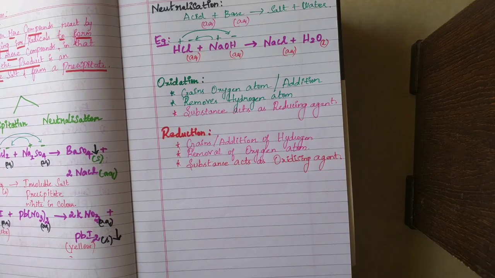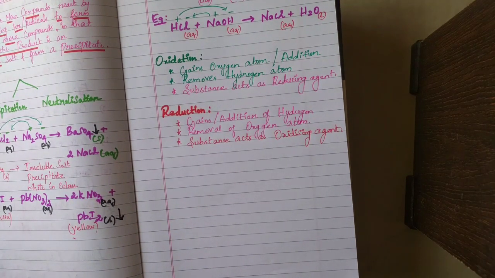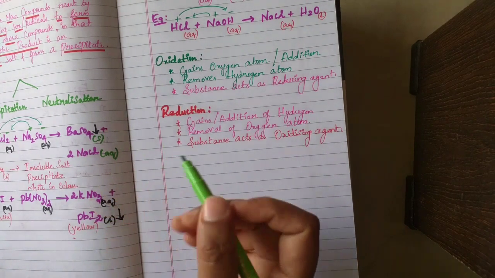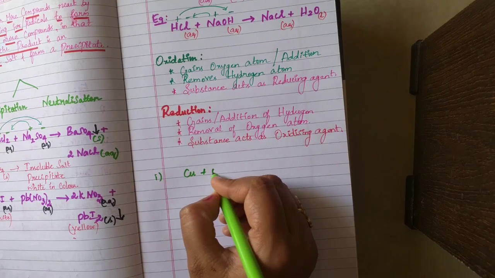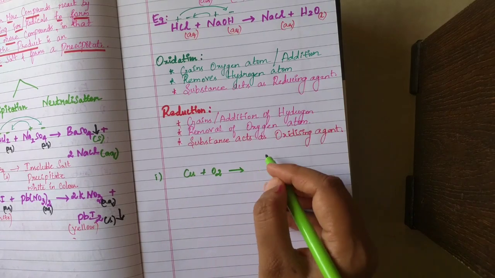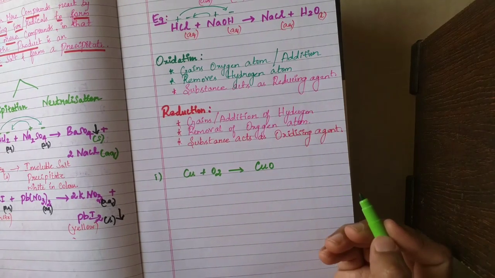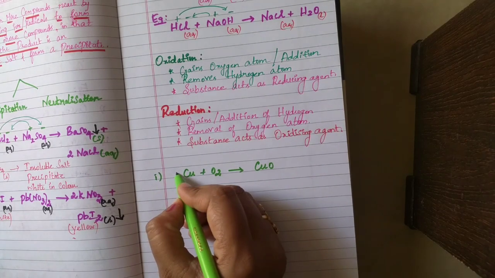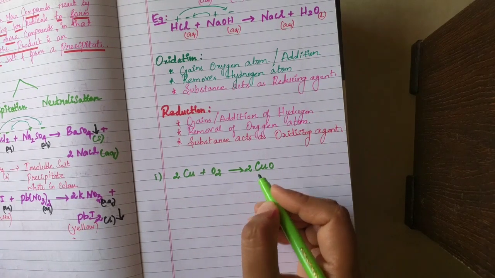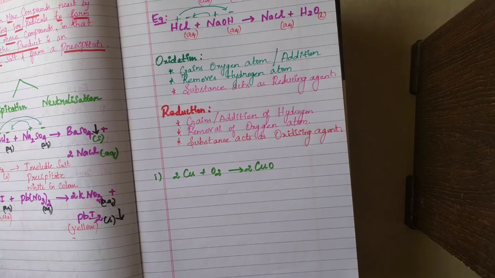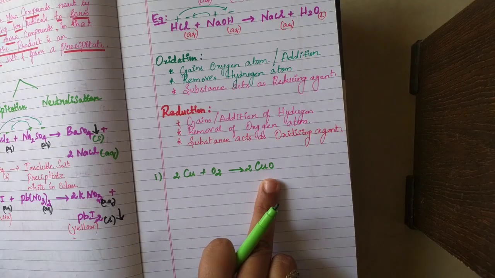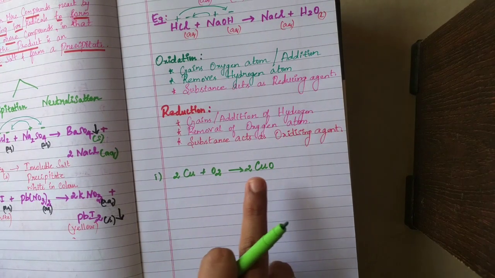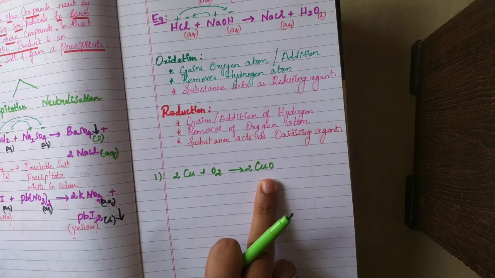Okay. Now I will explain with examples. First, the best example: copper plus oxygen forms copper oxide. Here there are 2 oxygen, so we have to balance: 2, 2. Copper is a metal. There is no oxygen on the reactant side, but in the product it has oxygen. That means this copper is oxidized to copper oxide.